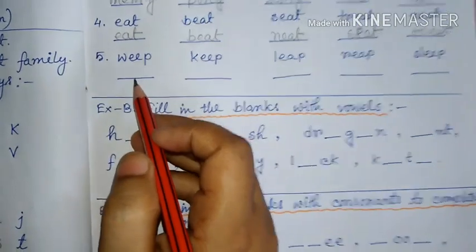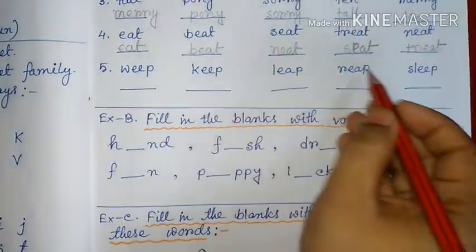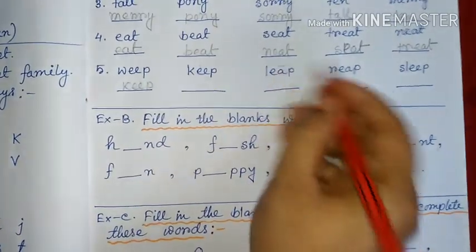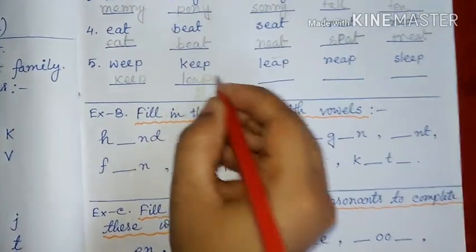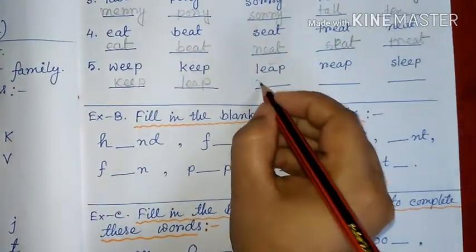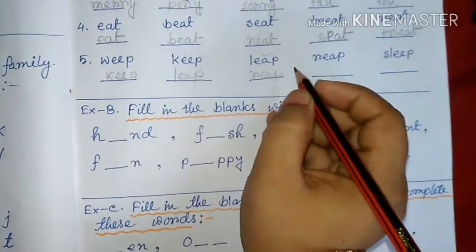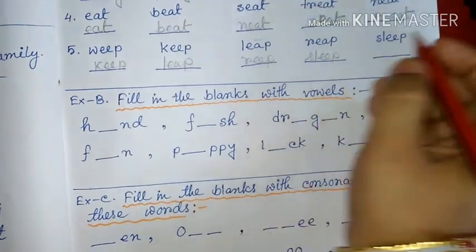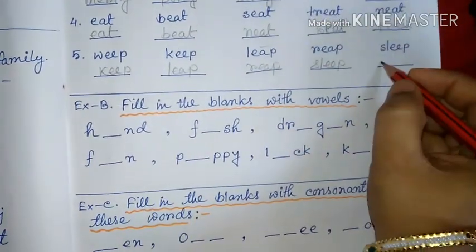Fifth question's answers are keep, leap, reap, sleep, then weep.